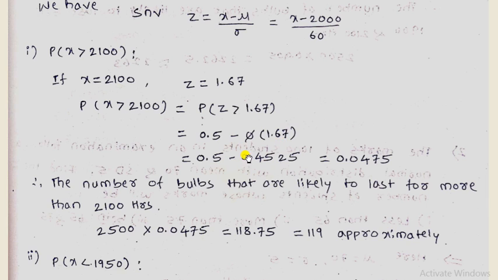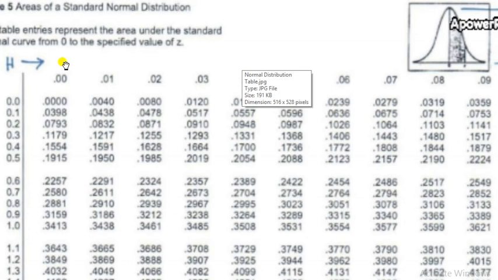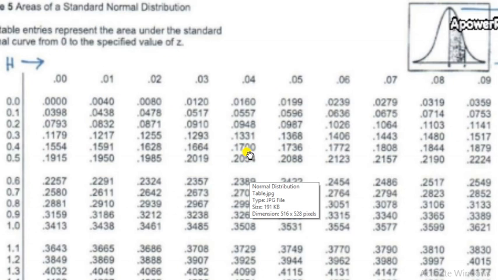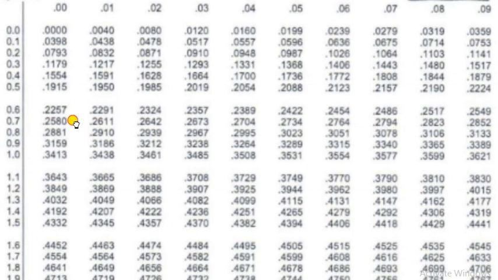0.4525. This value is taken from the standard normal distribution table. So I'll show you the normal distribution table. This table is called the standard normal distribution table. According to this table, we look up the value of 1.67. You have to observe the vertical and horizontal values here. Required is 1.67, so first use 1.6 in the vertical line.